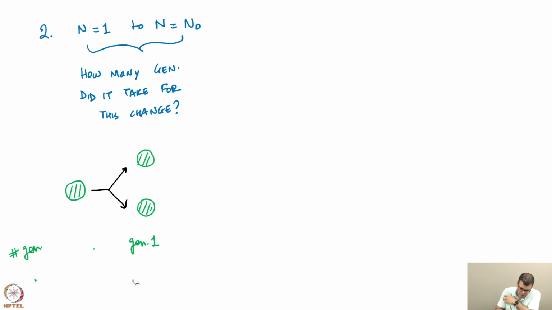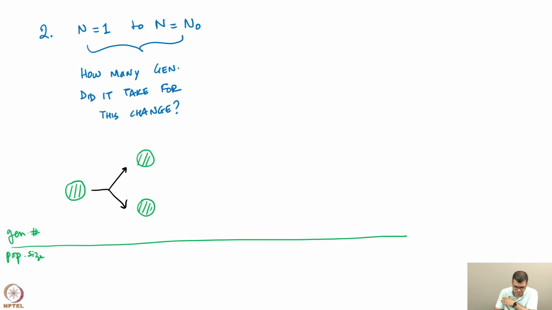In this representation of the system, the variables we are tracking are the generation number and the population size. These are the two variables we are tracking as the system moves forward. At this point, generation number was 0 at t equal to 0 and population size was 1 because this was the only individual we had. After one generation, we get 1 as the number of generations and 2 as the population size.